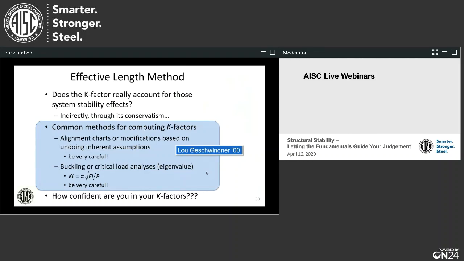Light forces being in the denominator will result in big K factors. So things may spiral out of control there. So you've got to be careful. In 2000, Lou Geschwinder won the Higgins Award. In his Higgins Award paper, he provided a nice overview of both these methods. So the bottom line is, how confident are you in your K factors?